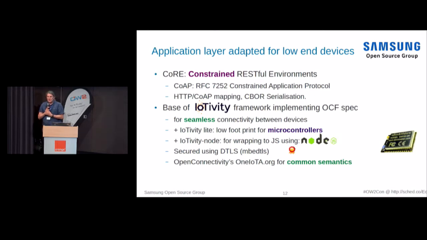This is the base of the IoTivity framework, which is open source software of the Open Connectivity Foundation specification. The goal of this project is to provide seamless connectivity between devices, so virtually all devices can talk together seamlessly. That's what we want to achieve.